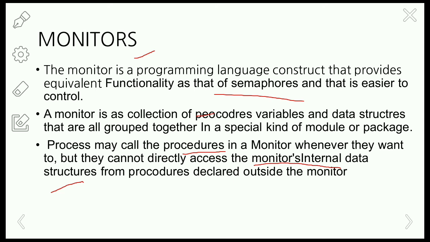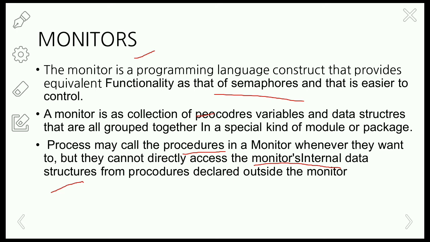While a process is accessing a particular variable in the monitor, no other process is allowed to enter the monitor. Similarly, a process cannot change the data structure of a monitor. It has control to change only the variables, but not the data structures of the monitor.